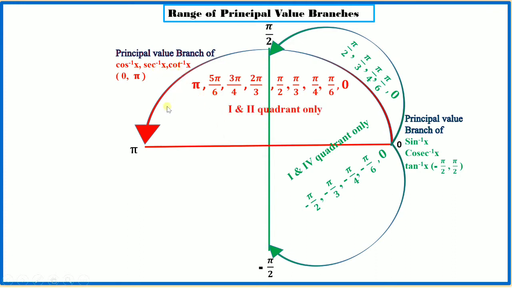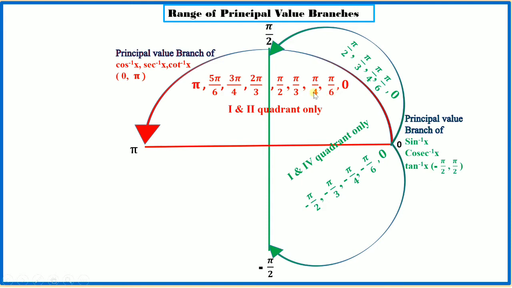Means these three inverse trigonometric functions will have angles in the first quadrant as well as in the second. So first and second quadrant for cos inverse x, sec inverse x and cot inverse x, while first and fourth quadrant are for sin inverse x, cosec inverse x, tan inverse x.